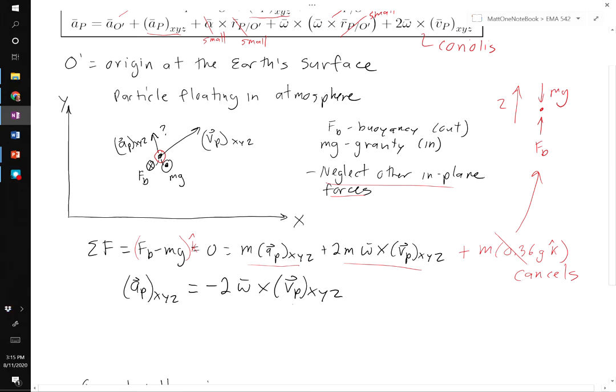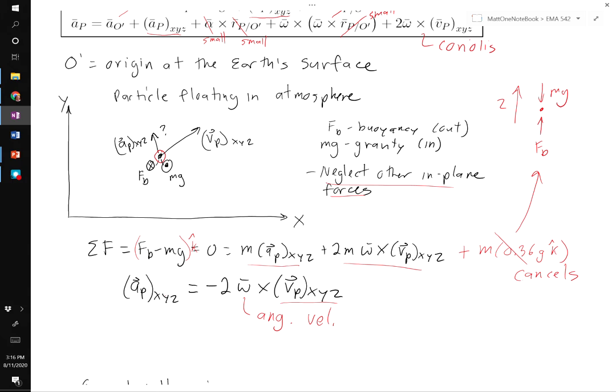So this acceleration only depends on the velocity, so it'll depend on how the particle is moving relative to the surface of the Earth. And this omega is the angular velocity of the Earth itself. So that will govern the acceleration that particle sees.